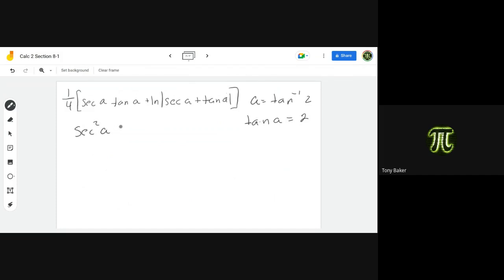Secant squared of A is 1 plus tangent squared of A, right? That's the Pythagorean rule. So what's tangent squared of A? 4. So secant squared of A is 5. Let me write all this. So secant of A is the square root of 5.